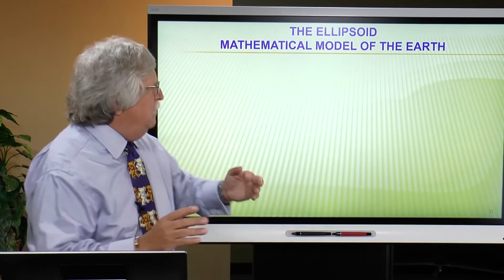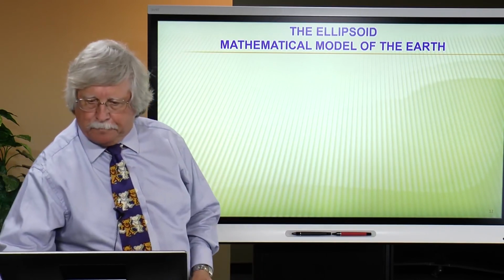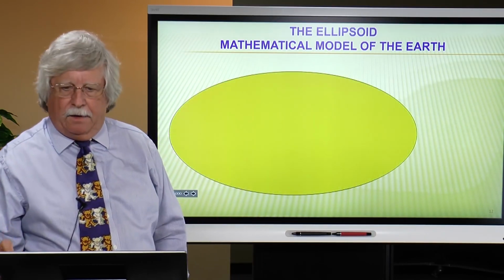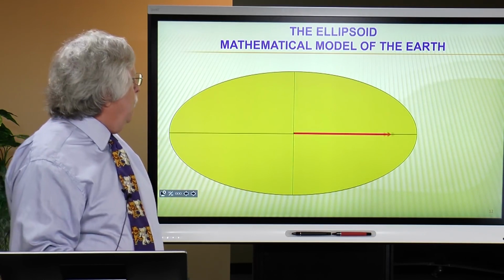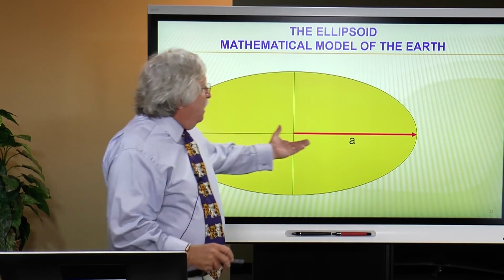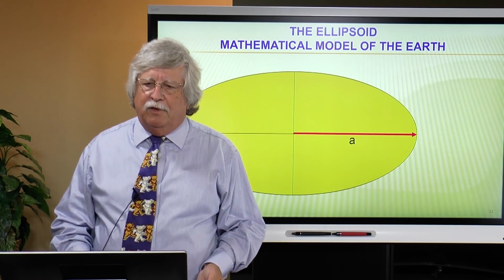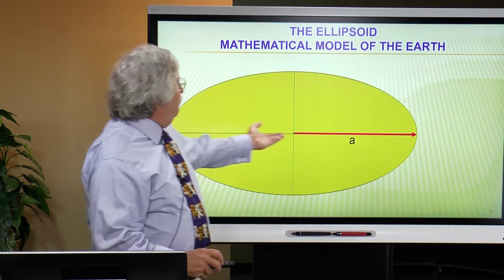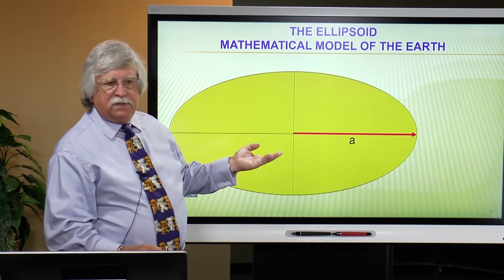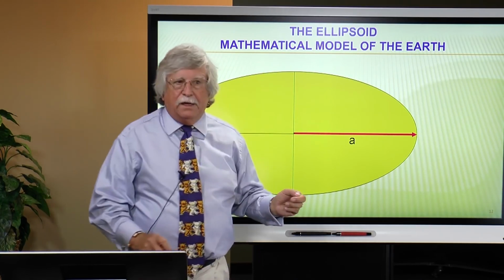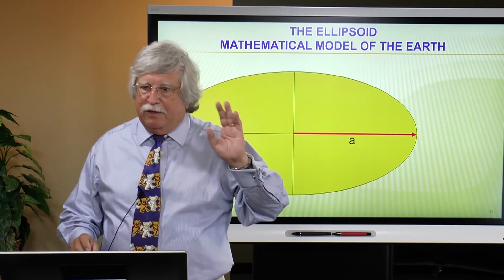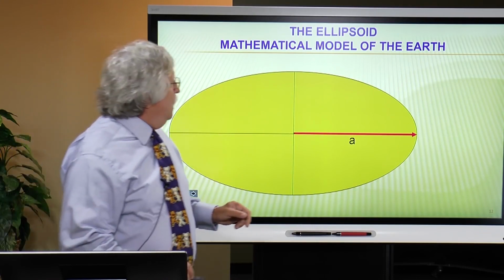So the idea behind the reference ellipse is that you have a value that's referred to as little a, the semi-major axis, and that's defined as the size of this surface from its center, wherever that is. Right now it's purely mathematical, so that center is not located anywhere.